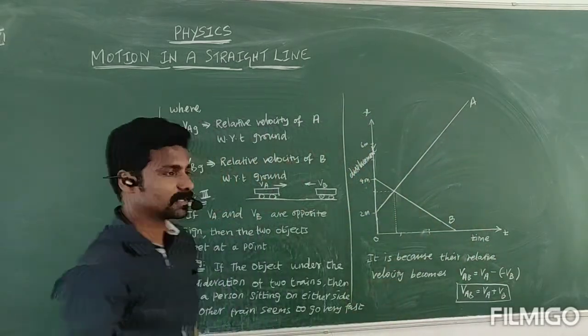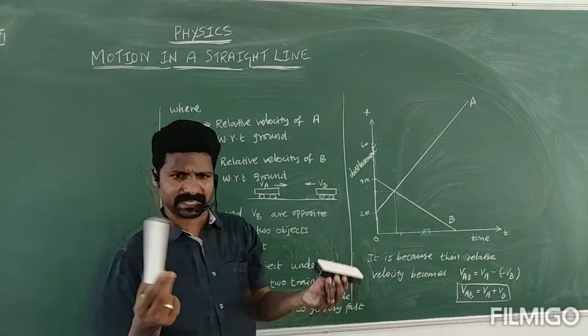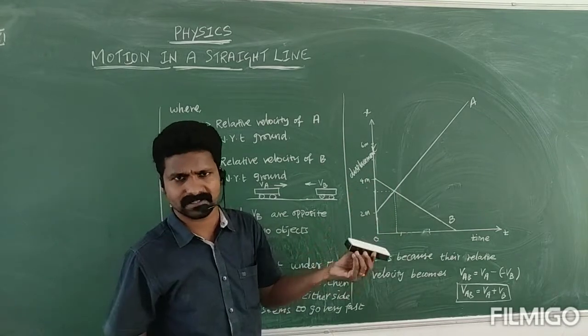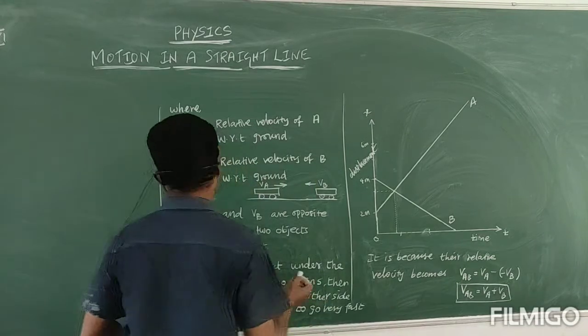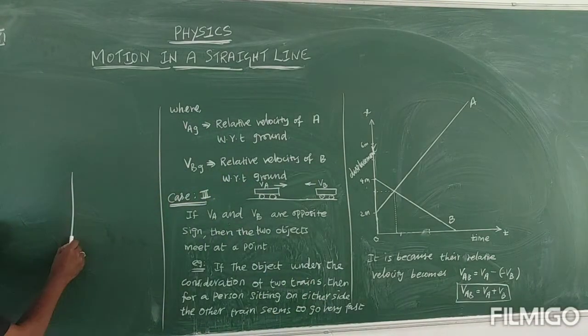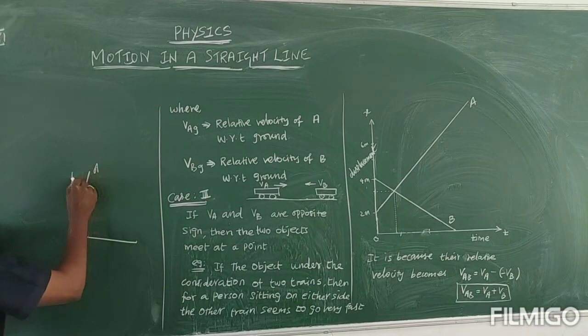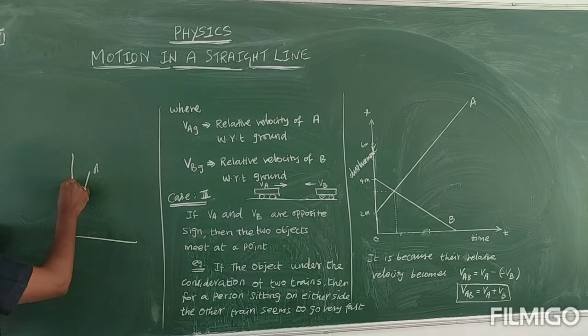But that depends upon the speed of the A object and the B object. The slope nature will be different. Suppose the A object speed is very high, the slope is like this.